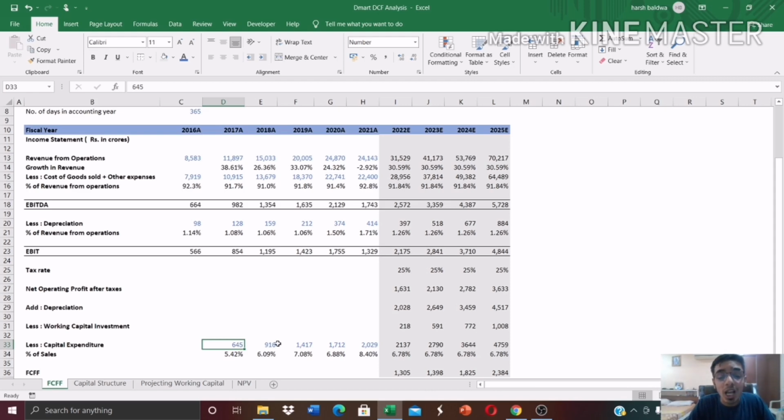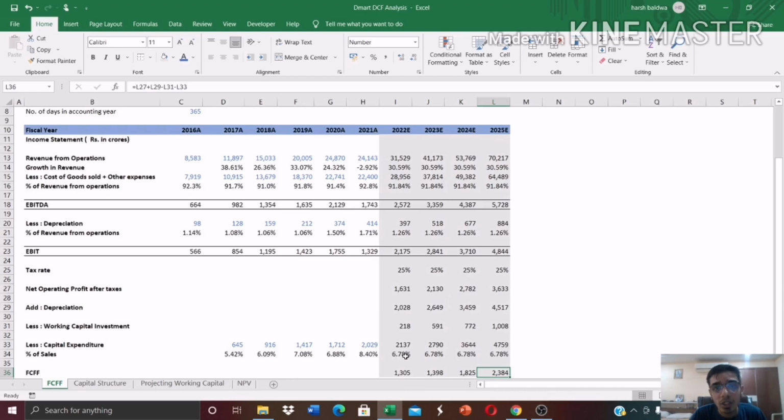Find it as a percentage of sales, which you get as 5.42%, and calculate the average of all of these, which comes to about 6.78%, and again multiply this with the projected revenues.